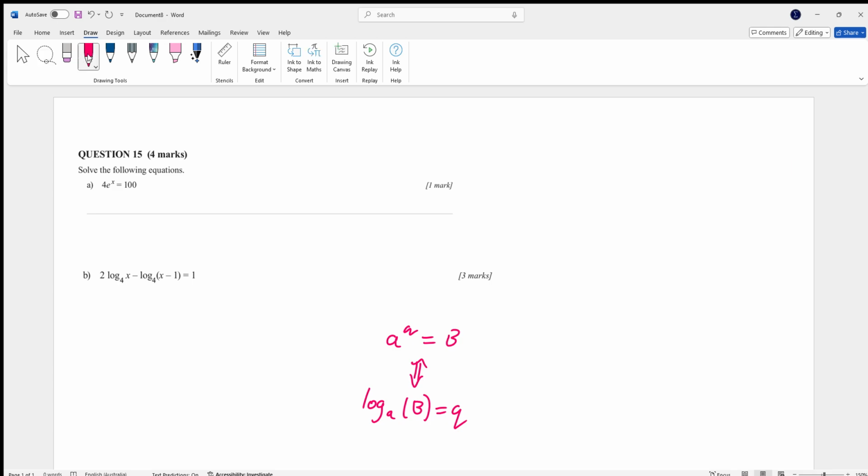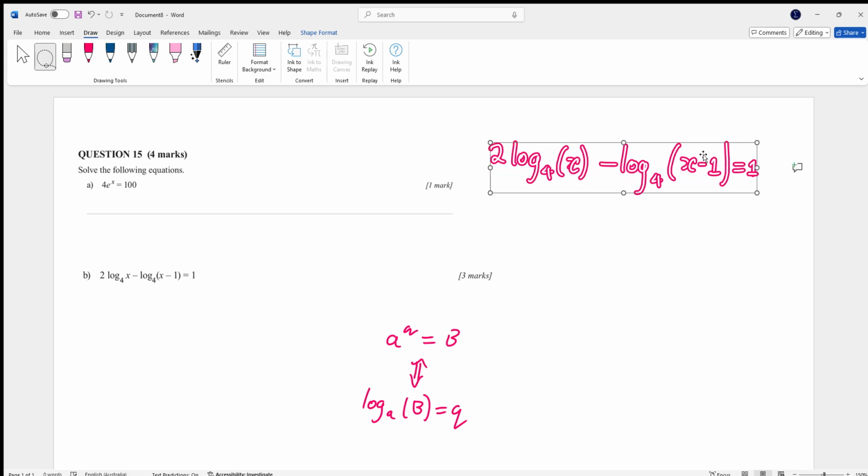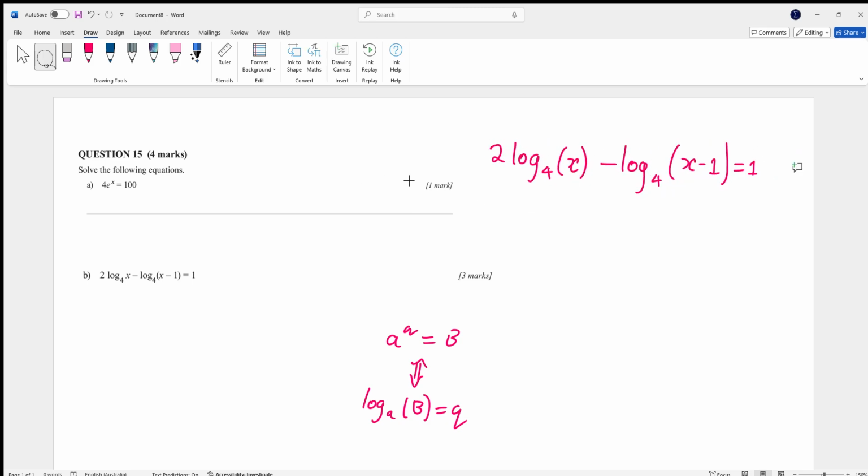Before we do anything with that, we need to try and simplify the logs as much as possible. So we've got something like this here. We can only accept certain values of x in this situation. But before we do that, what we'll have to do is move that 2 up into the power there.